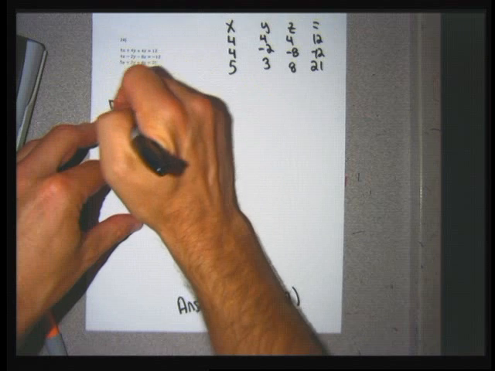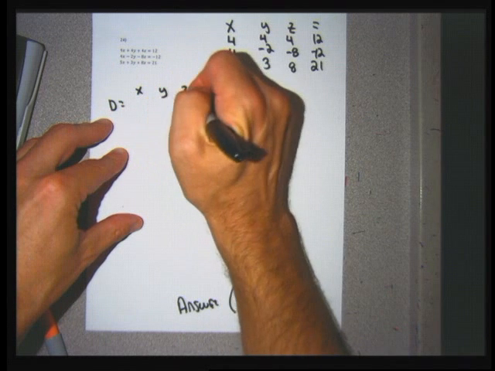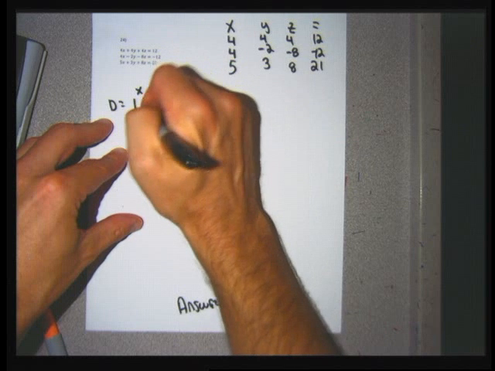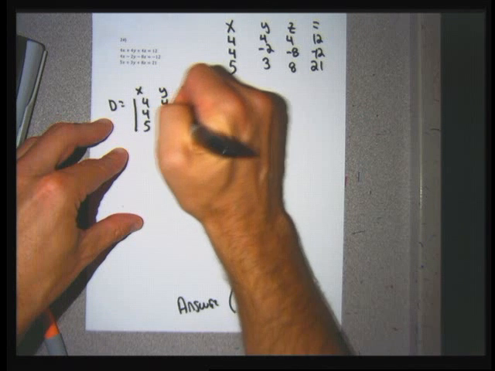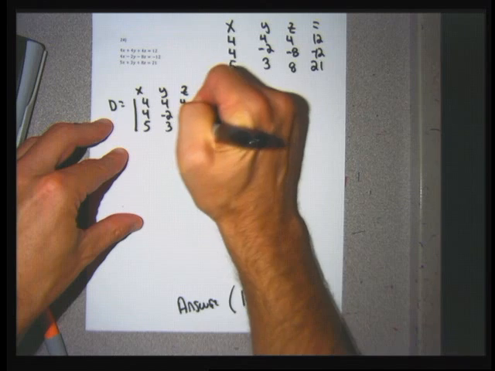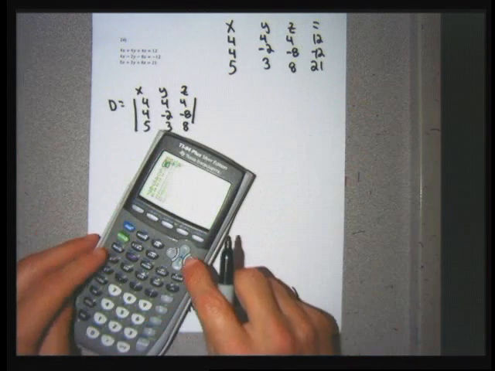The D matrix has the x column of numbers, the y column of numbers, and the z column of numbers, which is 4, 4, 5, 4, negative 2, 3, 4, negative 8, 8. Find that determinant, enter a 3 by 3 matrix.